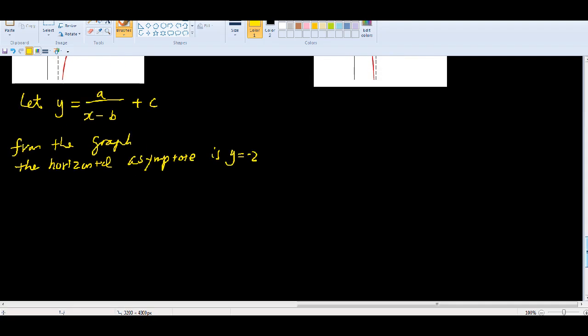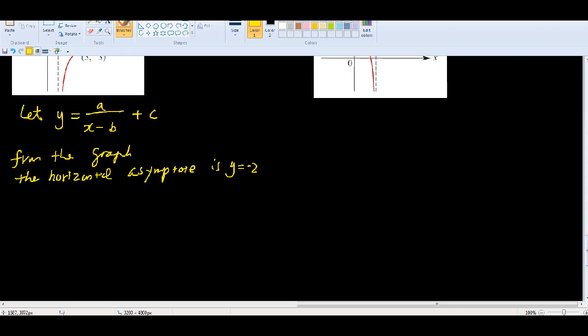So we are going to use these facts. Okay, so how can we use this? We know when the horizontal asymptote is y equals minus 2, that means when x tends to infinity, you will see y equals minus 2. But for this form, when x tends to infinity, you will see a over x minus b equals 0.